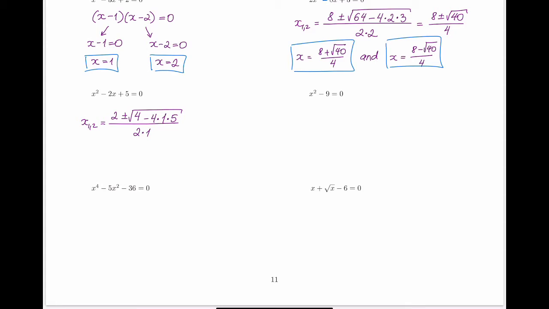Okay, now notice here then, I'm going to compute what's under the square root, and what am I going to get? 4 minus 20 is -16, over 2. Now, I cannot take square roots of negative numbers. We've discussed that in the exponential section, which means that here, this operation cannot be performed. This does not exist or is undefined, which means that in this case, there are no solutions.